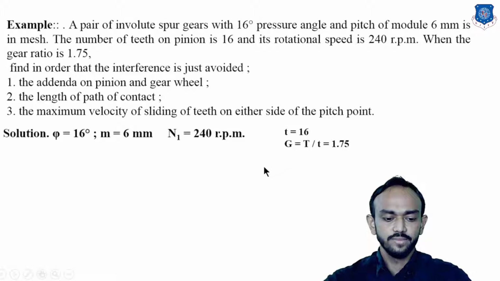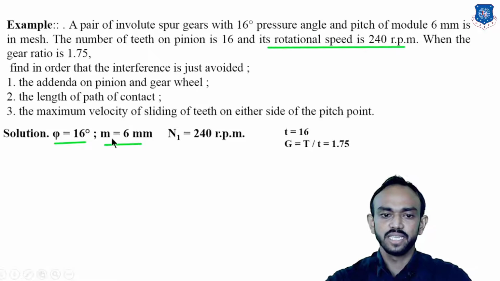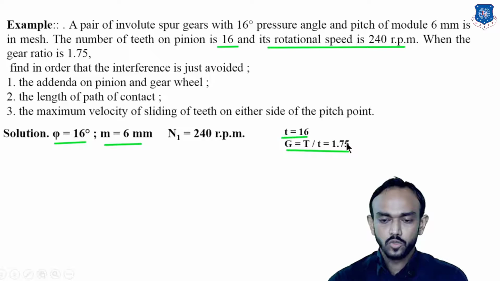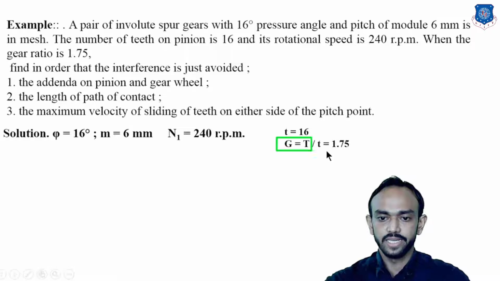This is the given data. Phi is 16°, M is 6 mm, and the rpm of the pinion, N1, is 240 rpm. The teeth t is 16, and the gear ratio is capital T by small t, which is 1.75.